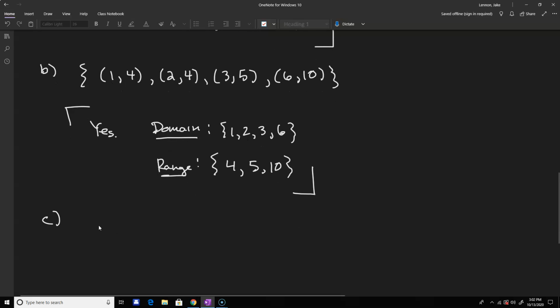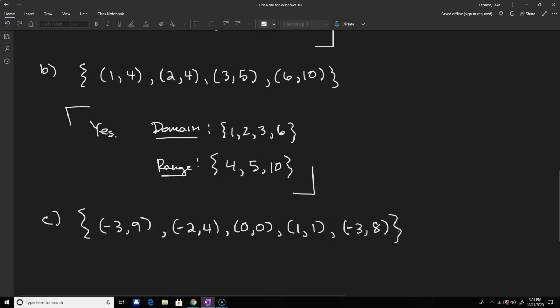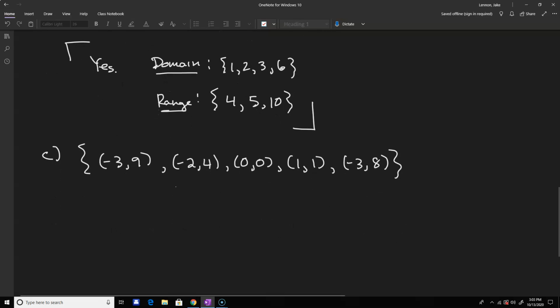Okay, and for C, we have (-3, 9), (-2, 4), (0, 0), (1, 1), and let's say (-3, 8). So we have 5 ordered pairs here. What's going on? Well, we see the -3 appearing twice as an input with 2 different outputs. So that's what's causing the problem here.